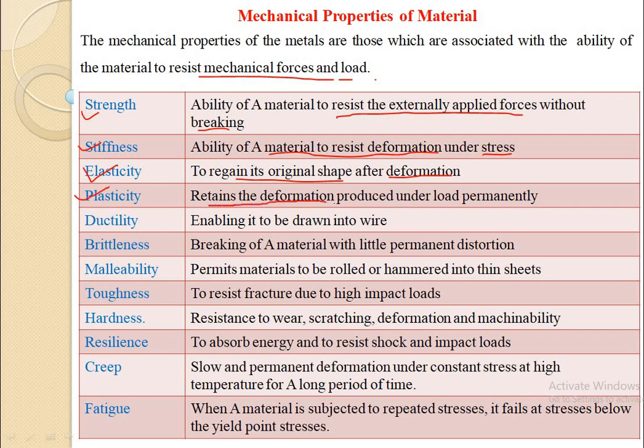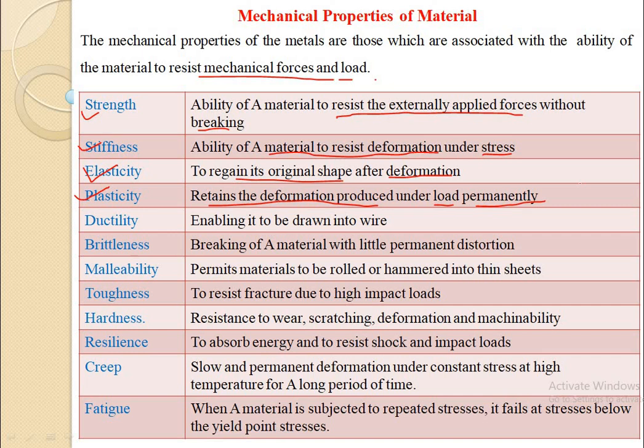Now, opposite to that, we have plasticity. It retains the deformation produced under a load permanently. Try to understand. When we apply a load on a material or a component, and if it deforms, meaning it changes its shape and size, and when we remove that load it does not come back to its original shape, it stays in that deformed state.